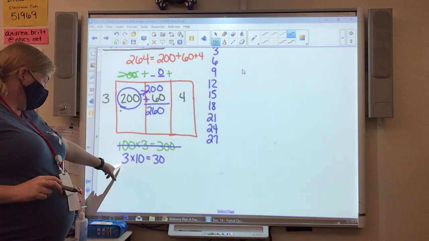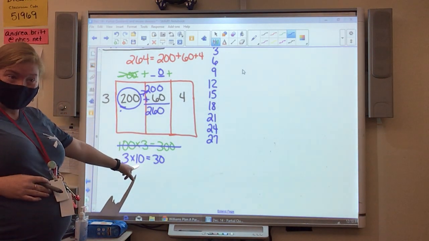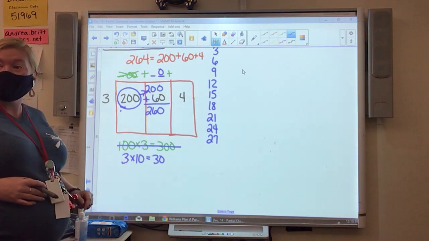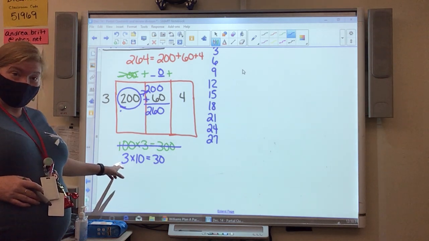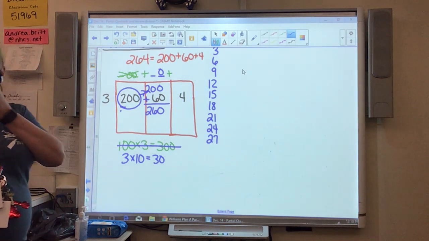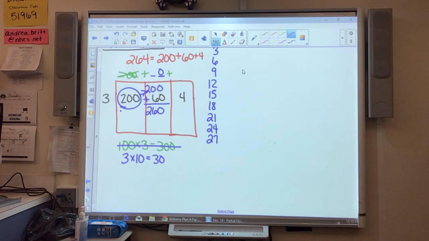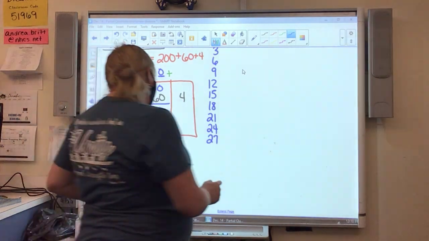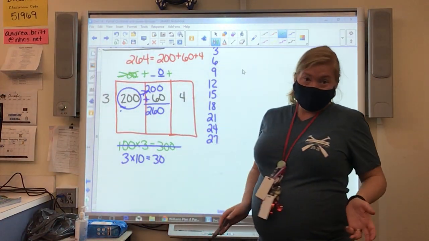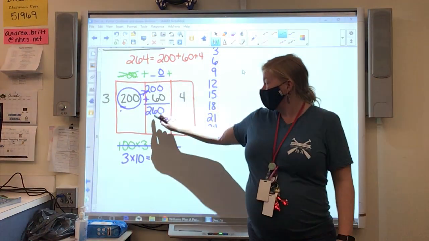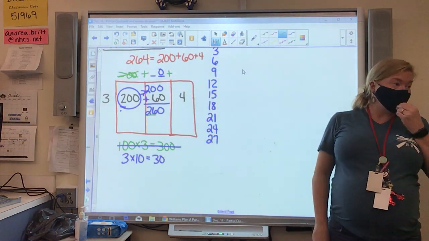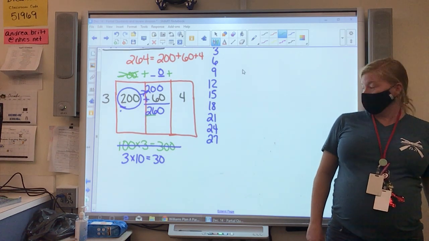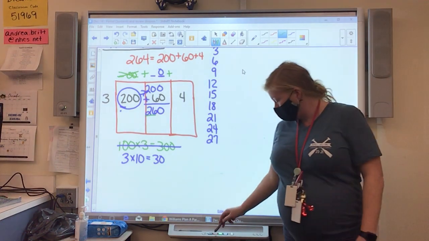I'm going to be multiplying 3 times something until I get close to 260. I can start at 3 times 10 and keep working my way, but if my brain can make a relationship between the numbers, I want to do that. So I'm going to go over here and see, looking at those two digits, which one gets me close to 26 without going over? 24.